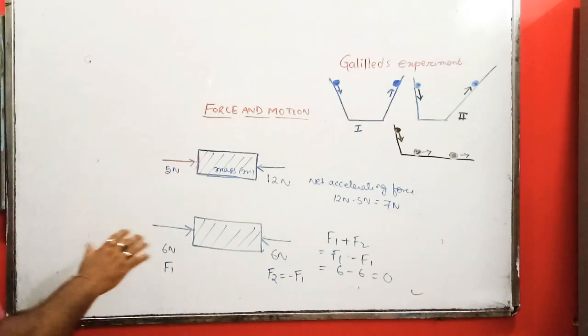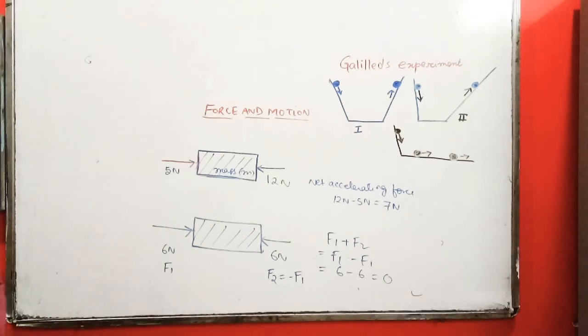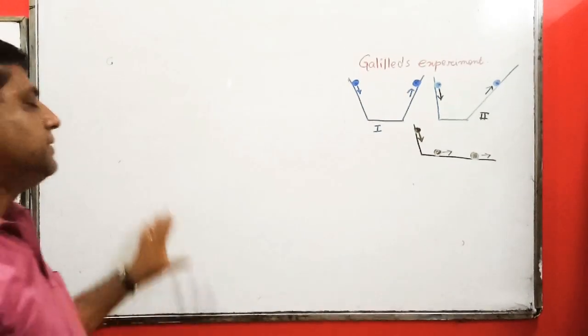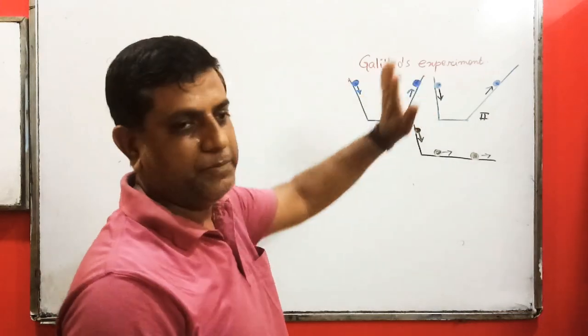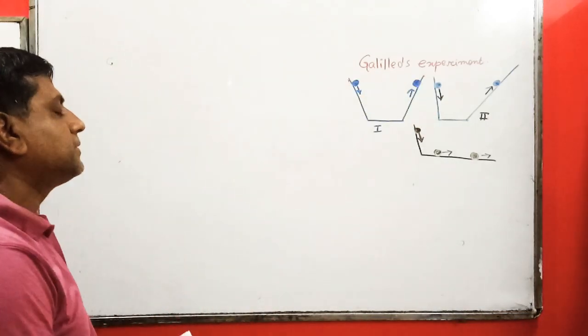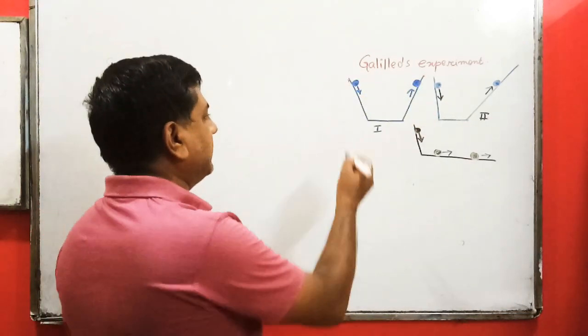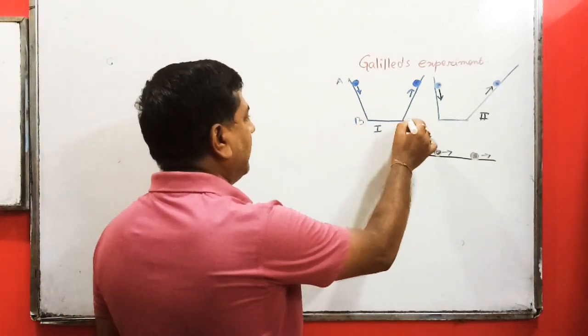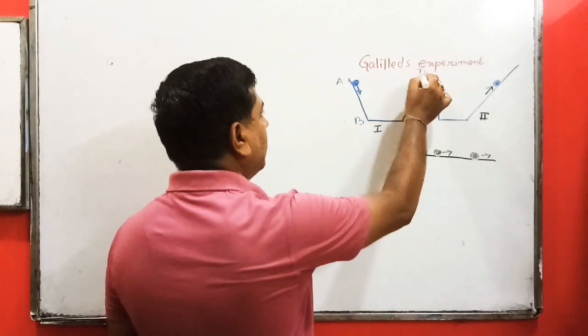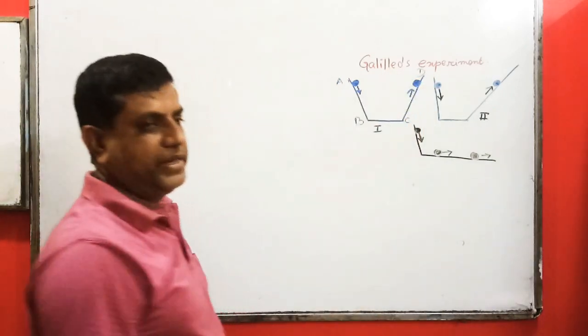Now listen. Now come to our new topic, Galileo's experiment. Here I have taken two inclined planes AB and CD with equal angles of inclination.